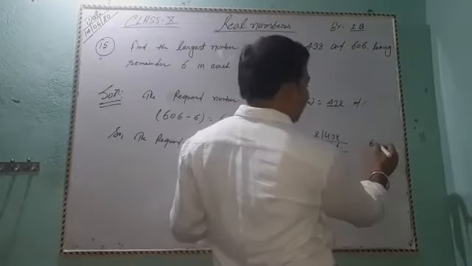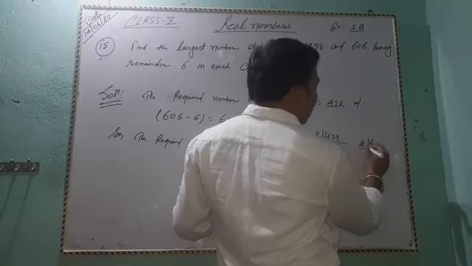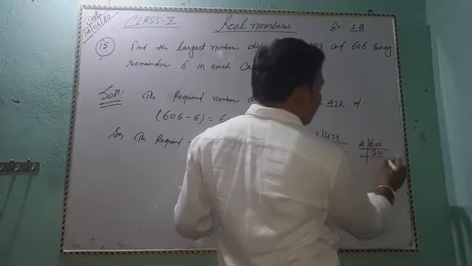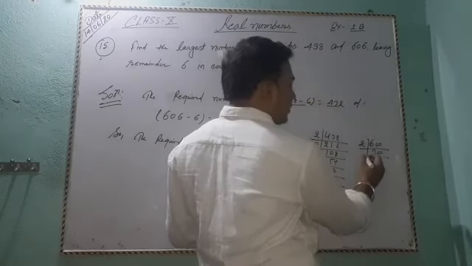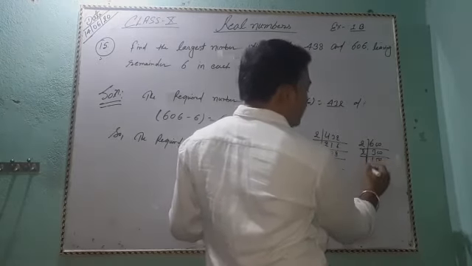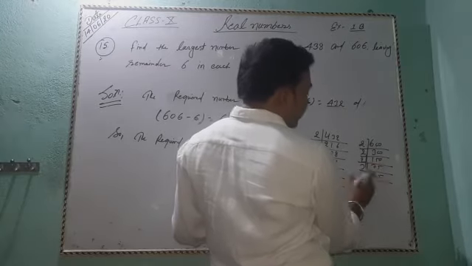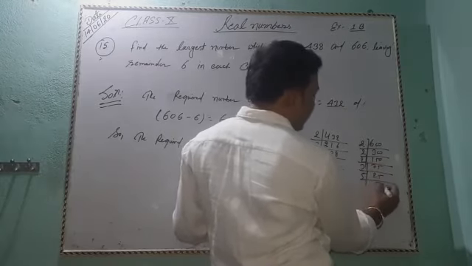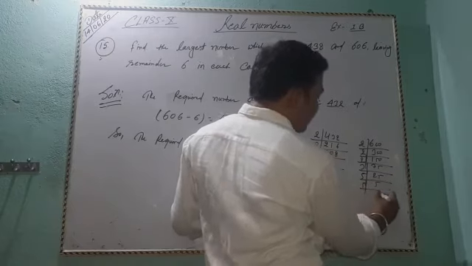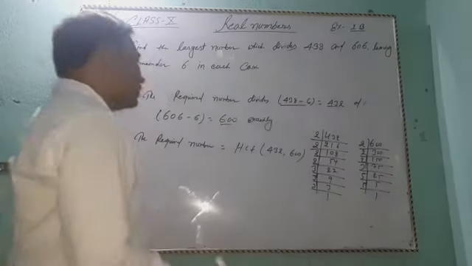And 600: 2 to 300, 2 to 150, 2 to 75, 3 to 25, 5 to 5, 5 to 1.